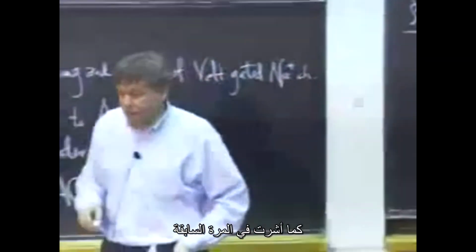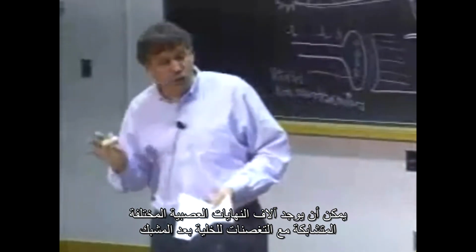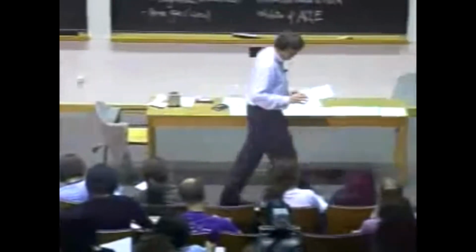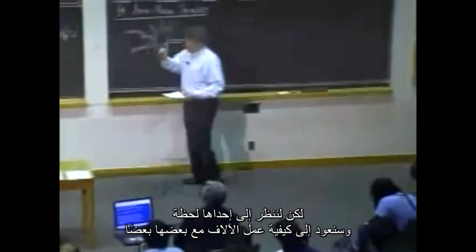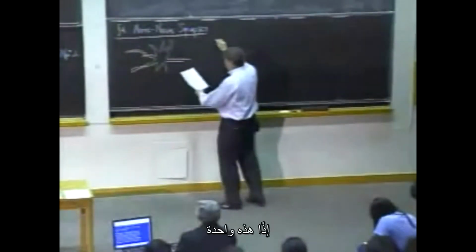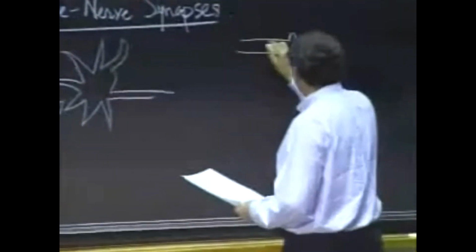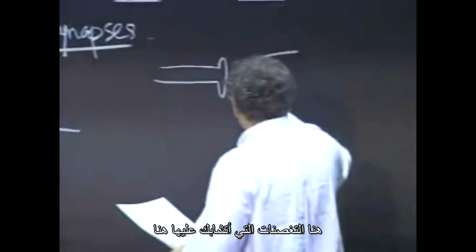As I indicated last time, there might be 1,000 different nerve terminals synapsing on the dendrites of a postsynaptic cell. But let's look at one of them for the moment. Then we'll come back to how 1,000 can work together. So here's one. And here's my dendrite that I'm synapsing on here.